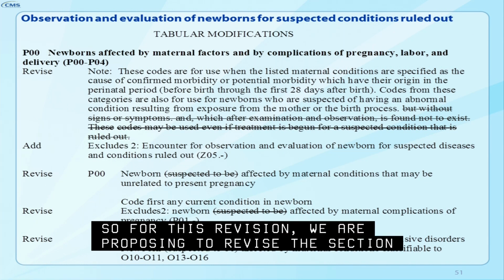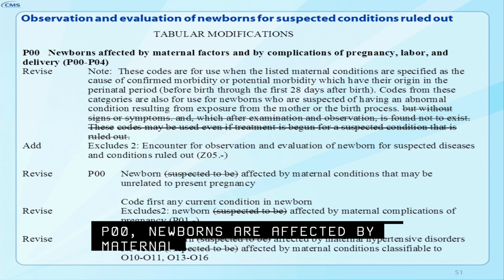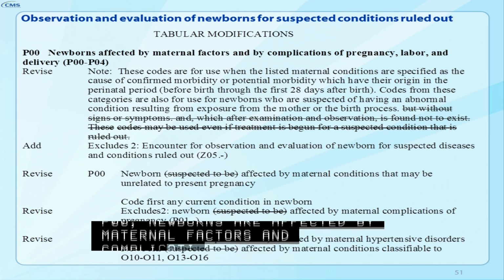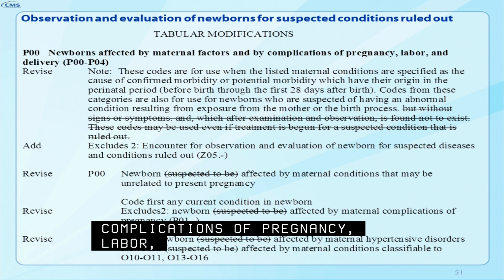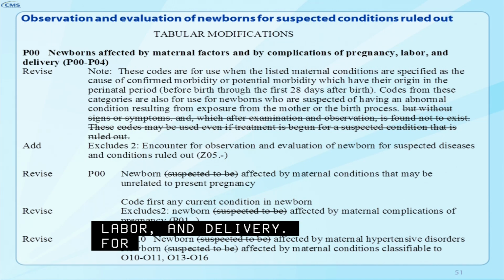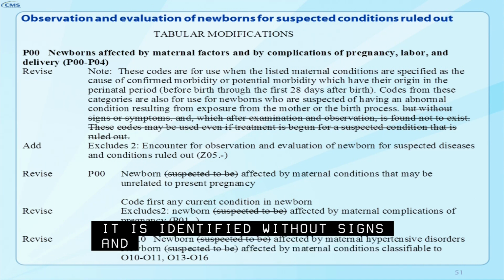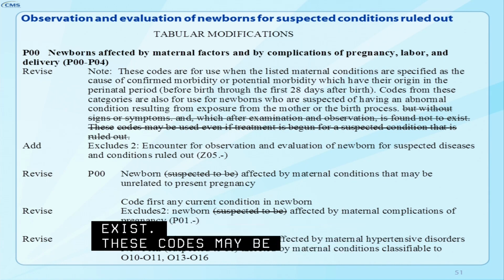So, for this revision under the tabular modification, we're proposing to revise the note at section P00, newborns affected by maternal factors and complications of pregnancy, labor, and delivery at P00 to P04, for which the last sentence of this note has been deleted for clarity. So we're deleting this portion of the note, but without signs and symptoms, and which, after examination and observation, is found not to exist. These codes may be used even if treatment is begun for a suspected condition that is ruled out.